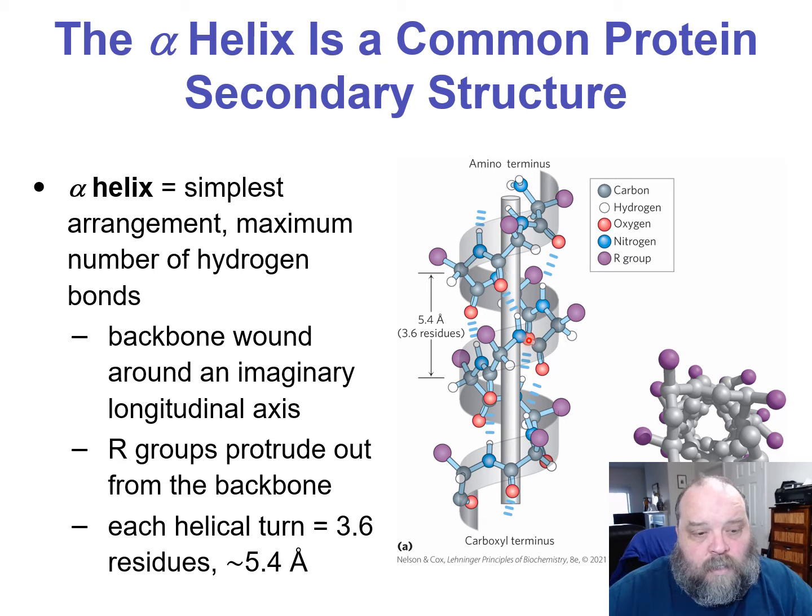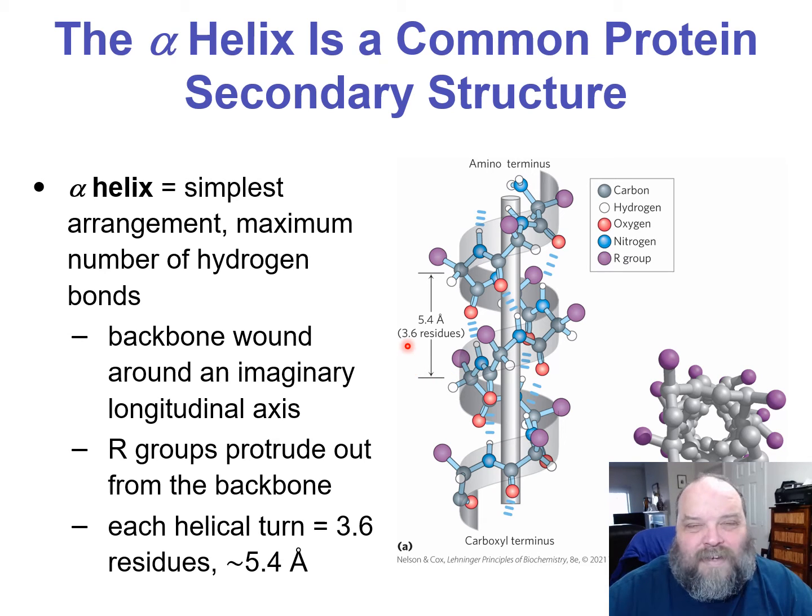We have studied X-ray crystallography and NMR of this, and all of this data shows that there is pretty much a set structure for the alpha helices. 5.4 angstroms is the distance from this residue to the corresponding one on the next turn, which means it's a full turn of the helix.